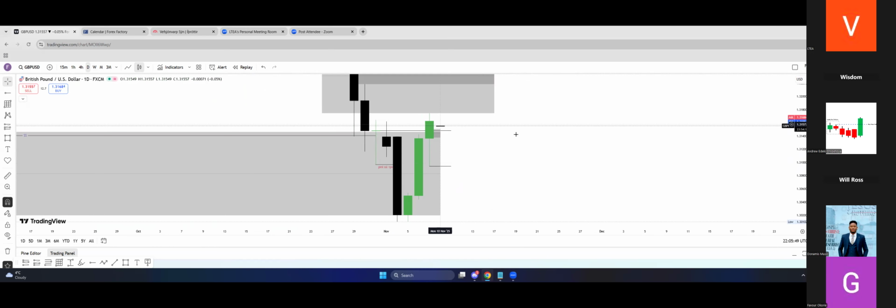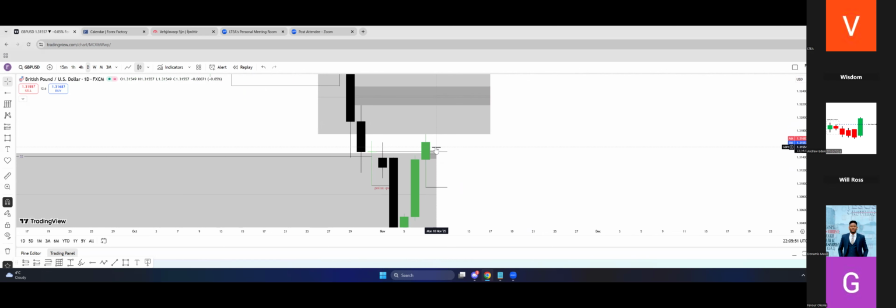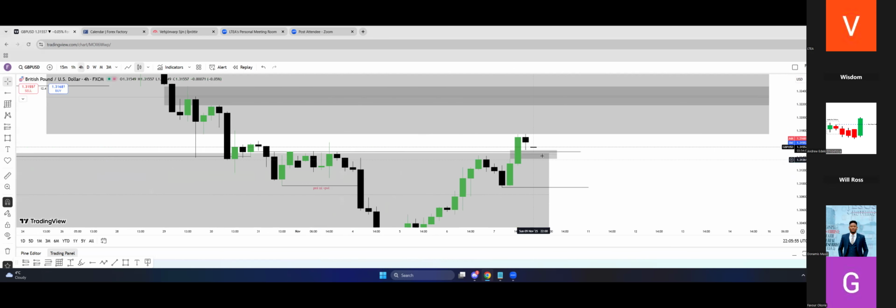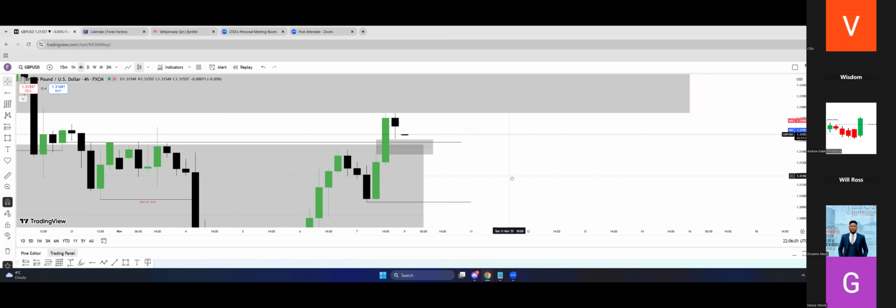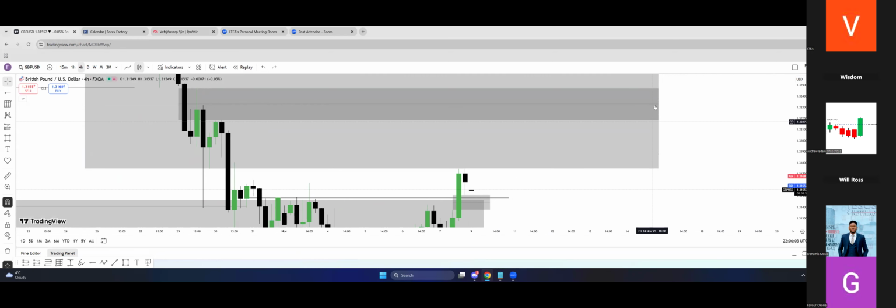But GU opened. Price gapped down a little bit. For me, this is like the Asia session.